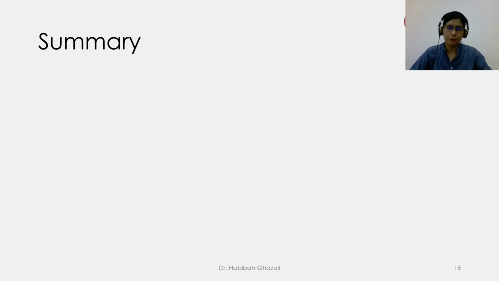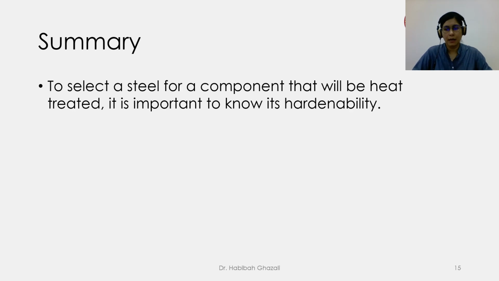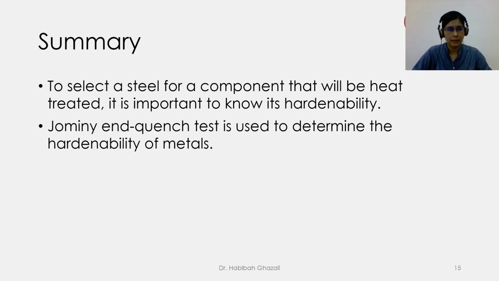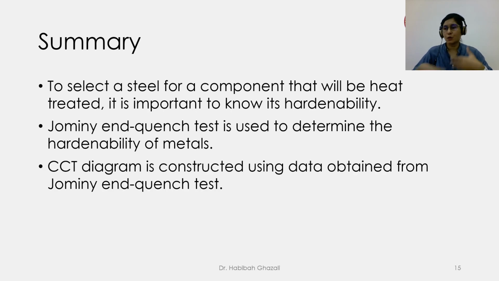So in summary, for this lesson, we have learned about hardenability. To select a steel for a component that will be heat treated, it is important for us to know its hardenability. We've learned that the Jominy and quench test is used to determine the hardenability of metals. Even though you did not perform the experiment by yourself, at least you have some idea of how metal hardenability is determined.